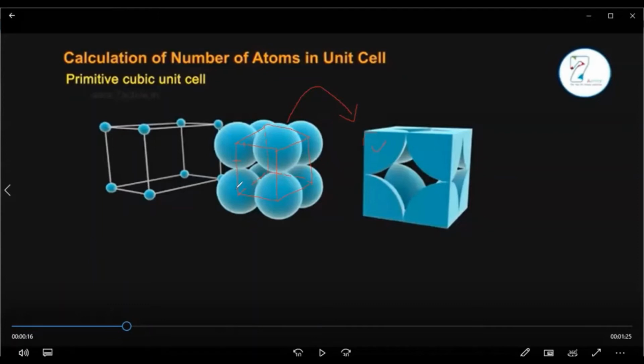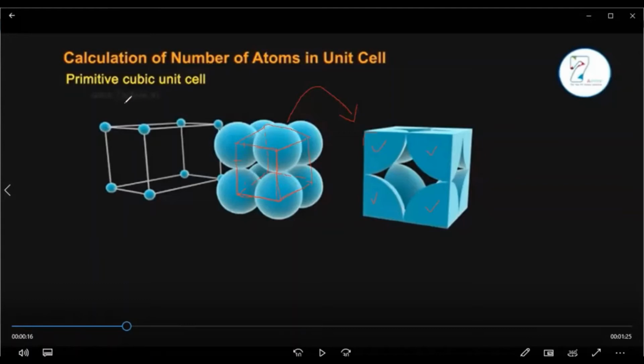Similarly here, from this line and this line, this part is removed, right? So that is this part. From this line and this line, you now see this part is removed. Similarly here, these lines, this part is removed, right? A similar case applies for these 4 atoms also.